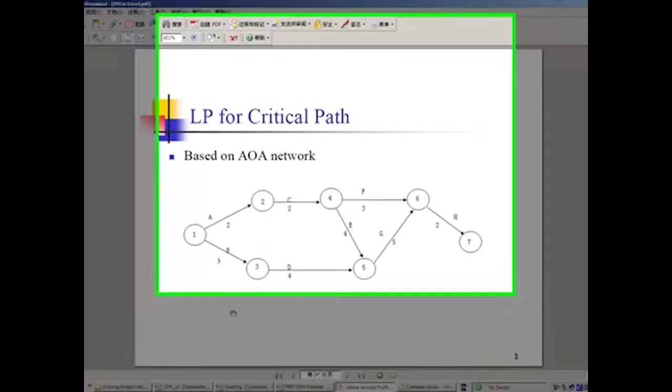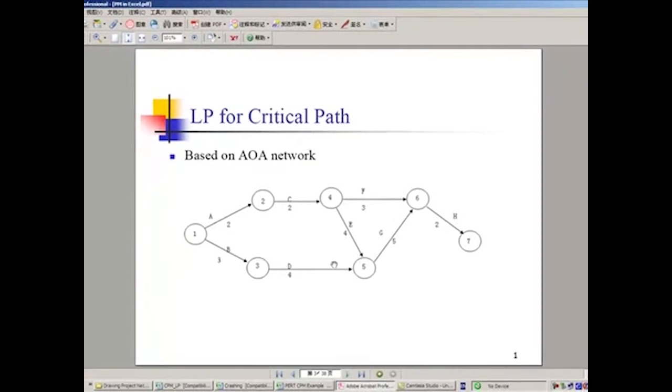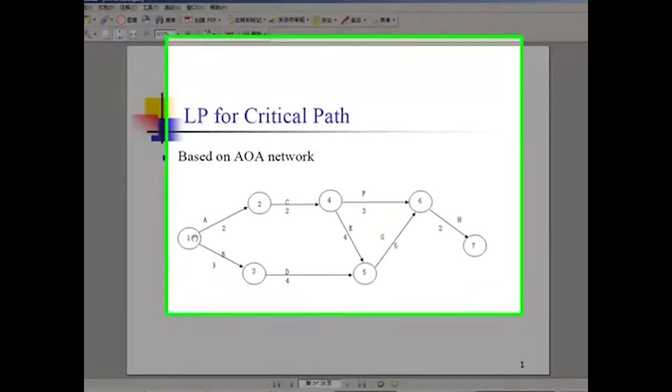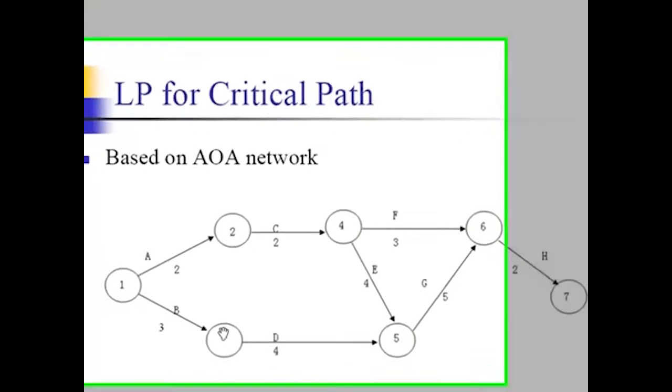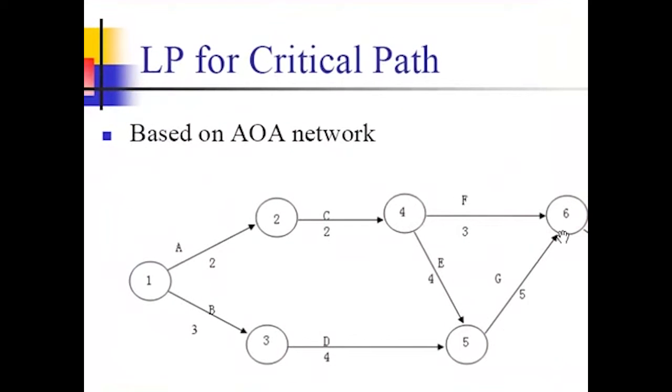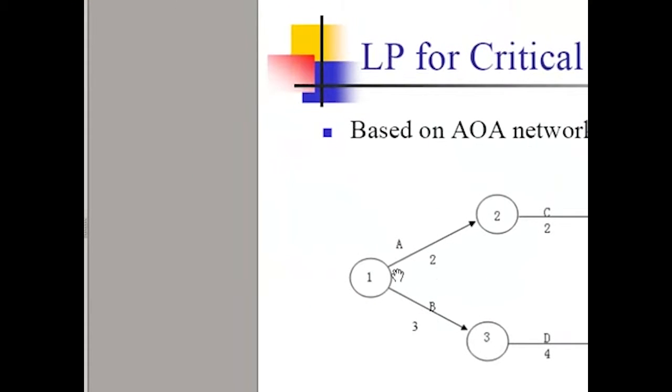For the AOA networks, you see from the beginning, the initial node, to the ending node, it doesn't matter how you label or number the different nodes between them. But the important thing is the arcs.